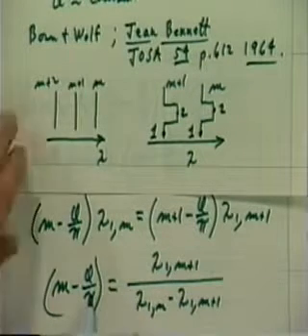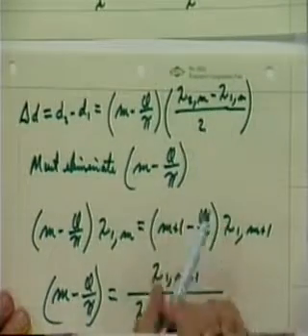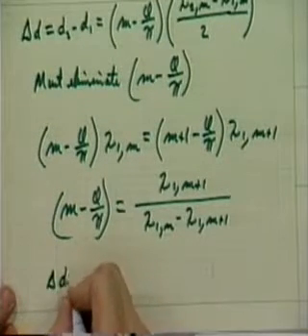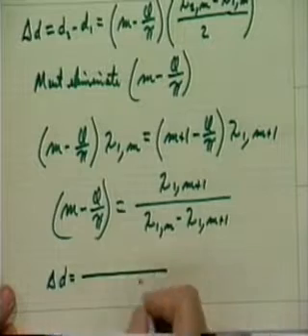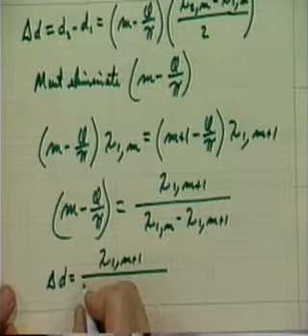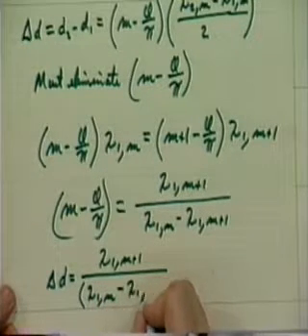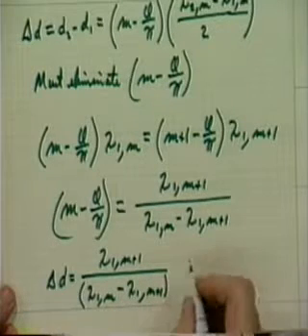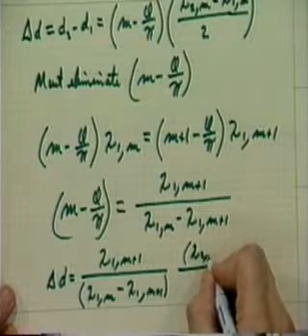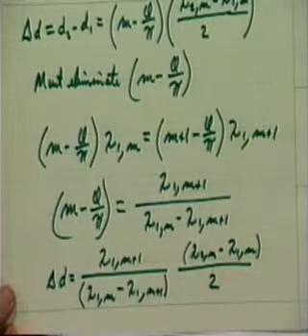I can then take this and plug it back into my expression up here, and we will get the answer that delta D is lambda 1 m plus 1 divided by lambda 1 m minus lambda 1 m plus 1, and up here we have lambda 2 m minus lambda 1 m divided by 2.